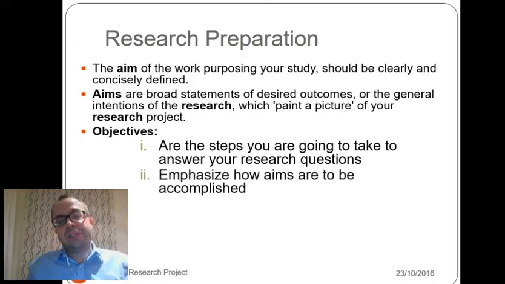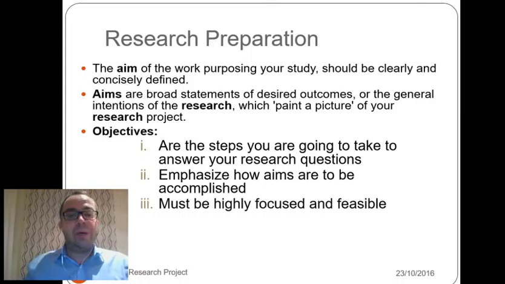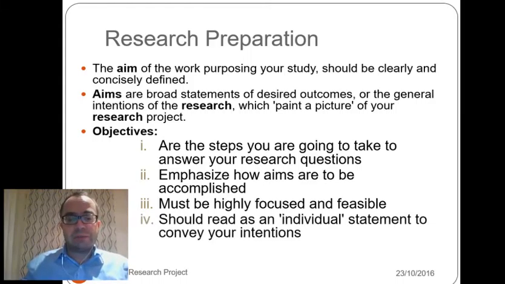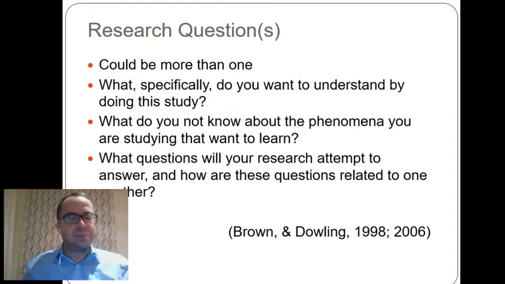You need to emphasize how you are planning to accomplish the aims of your research, and objectives must be highly focused, feasible, realistic, pretty much like the term SMART objectives. They should also be in the form of individual statements to convey your intentions.